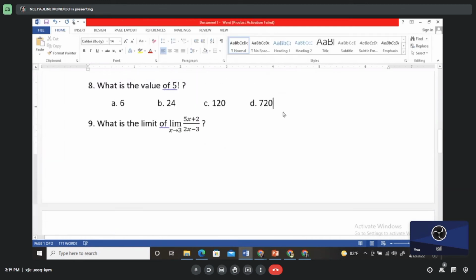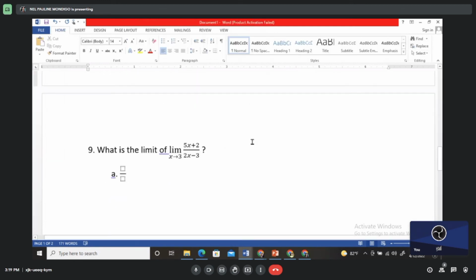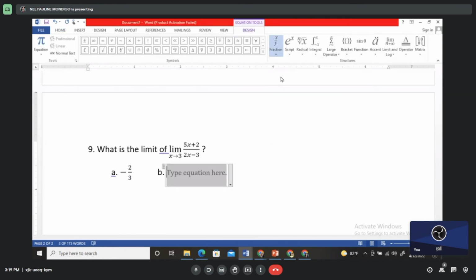Okay, let's enter this. Letter A is negative 2 over 3. B, insert again equation, fraction, 13 over 7.